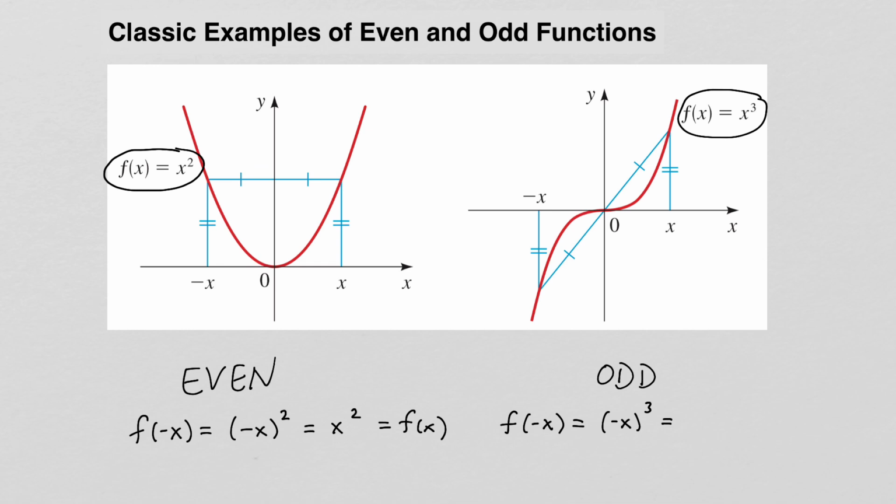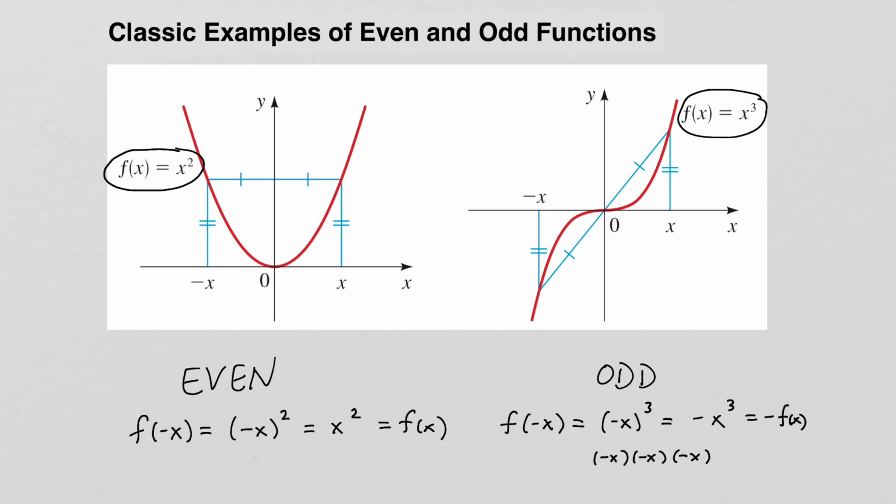And when you remove the parentheses here, you get -x times -x times -x, which is negative x cubed. And this is negative f of x, right? Because it's the opposite of the original function. And because of that, that is why it is an odd function.